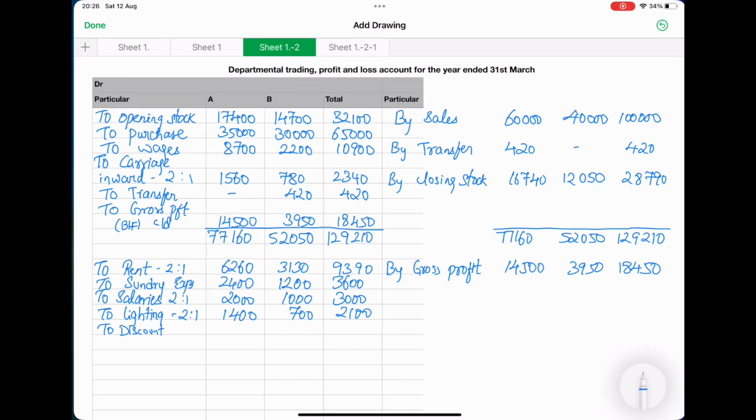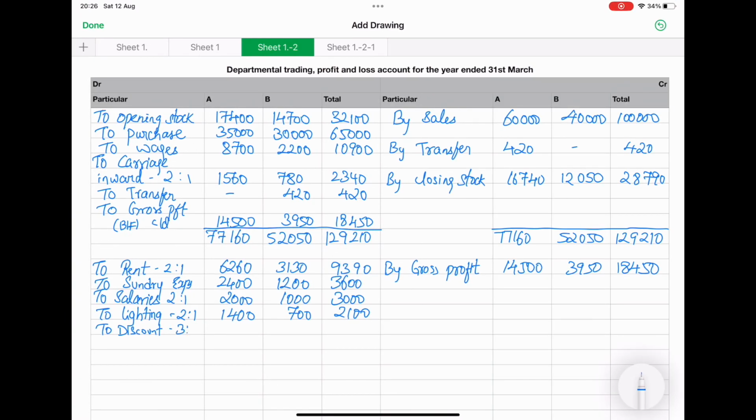Yes. Total discount allowed 2,220 into 3 by 5 we will get 1,332. Next, 2,220 into 2 by 5, 888.